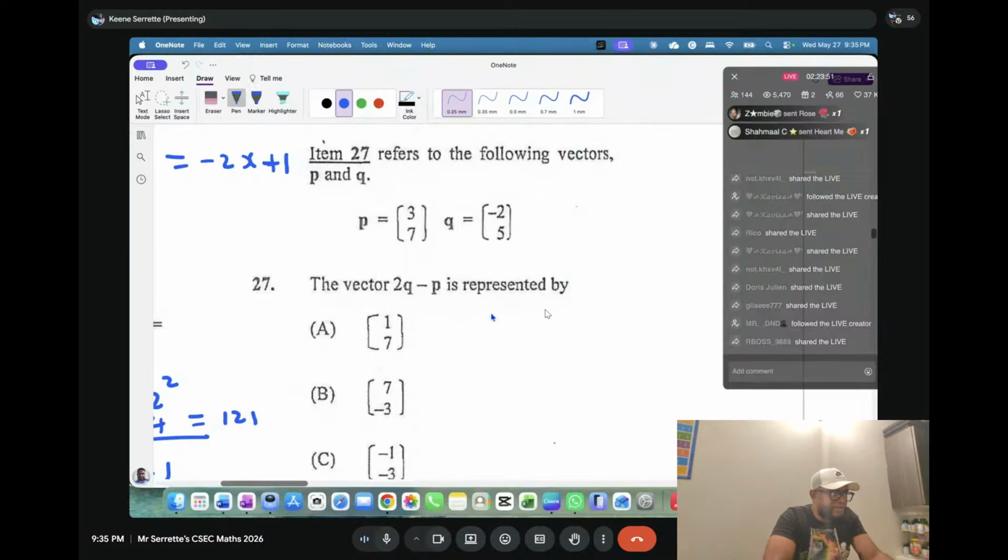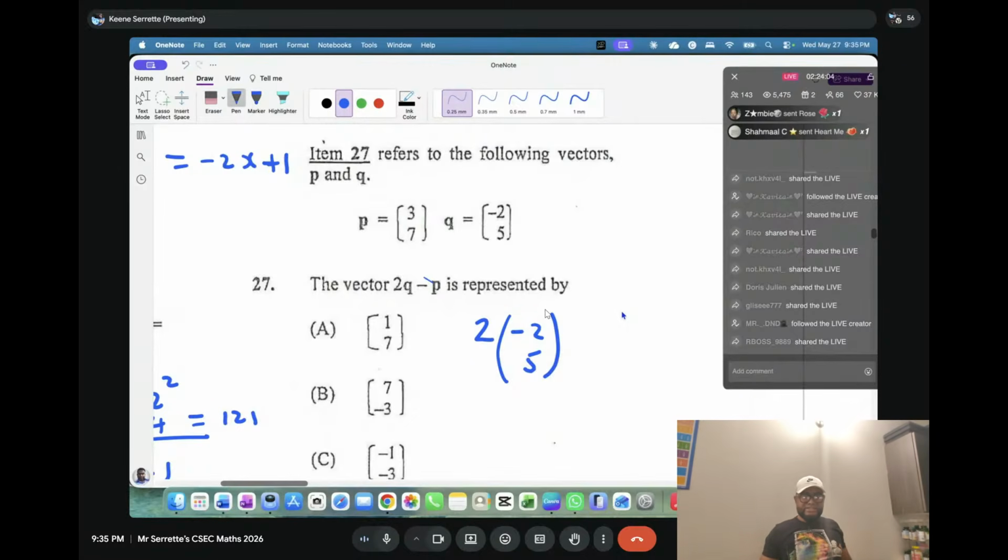Right, this, I repeat, 2 by q, which is negative 2.5. So 2 multiplied by negative 2.5 minus p, which is 3.7. You're multiplying 2 by this and 2 by this, right?